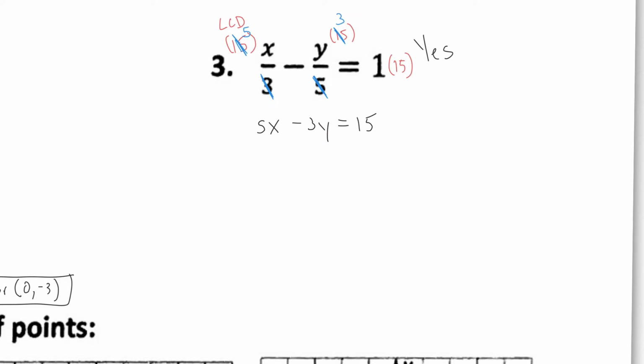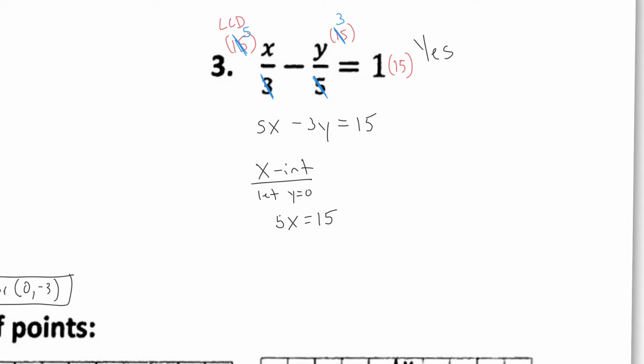Now, for the x-intercept, you guys are going to let y equal 0. But remember that I mentioned to you that if you substitute a 0 into the y, you can ignore this portion of the equation. So you can ignore it, and you guys can bring down the 5x equals 15.